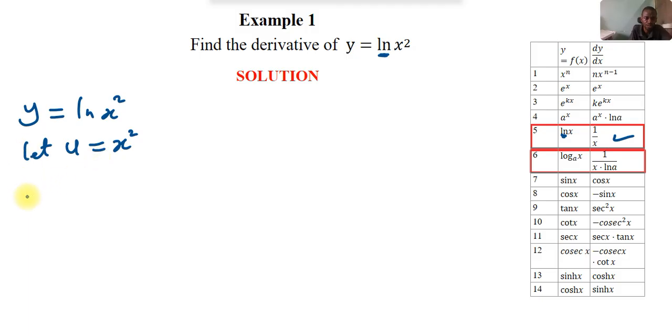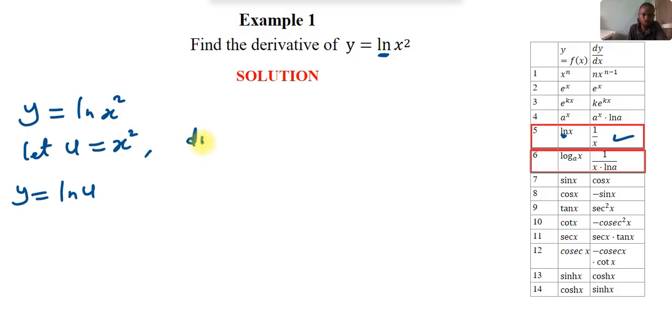In that case, I will rewrite my y as y equals ln u. As you all know, when we have a function of a function, we make use of the chain rule. Let me take the derivative of u first.